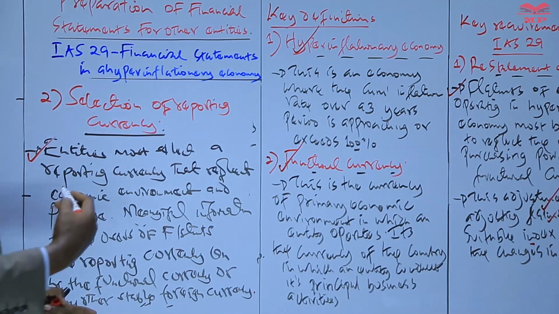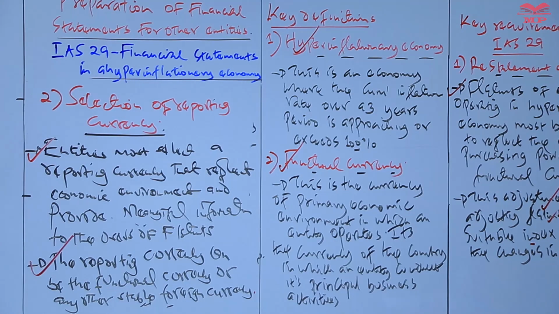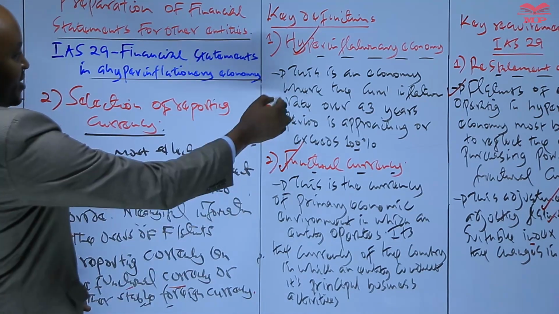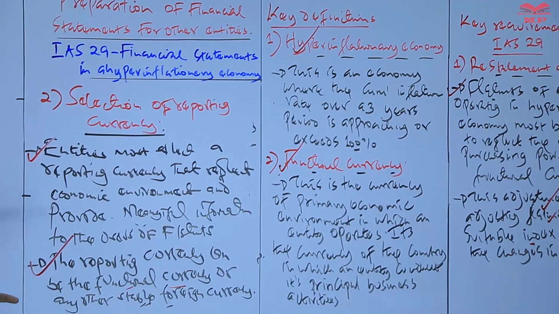they must select a reporting currency that will reflect the economic environment and also provide meaningful information to the users of the financial statements. The reporting currency can be the functional currency, remember you have defined what a functional currency is, or any other stable foreign currency, like sterling pound or US dollar, a currency which is stable.